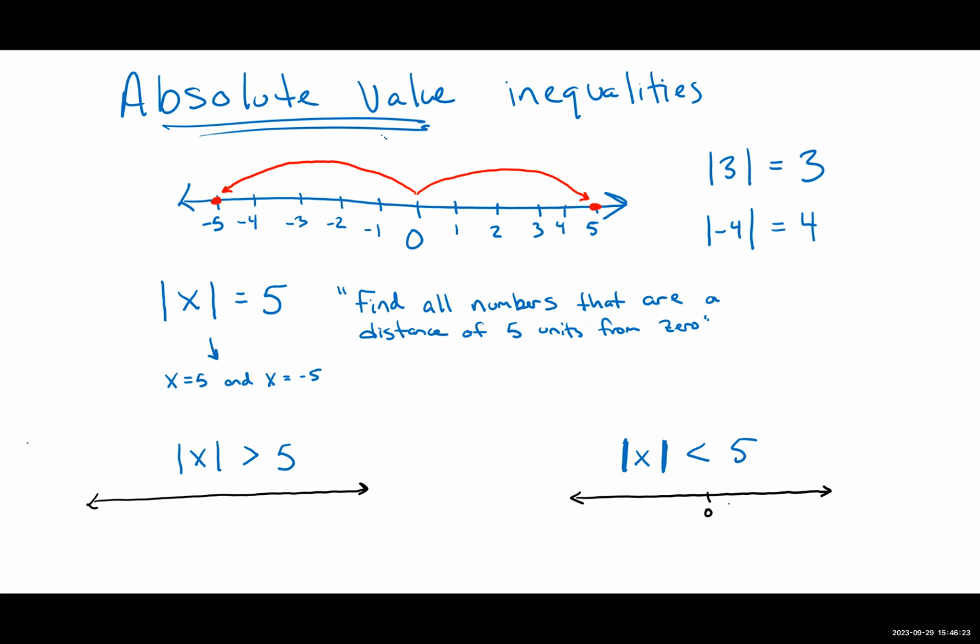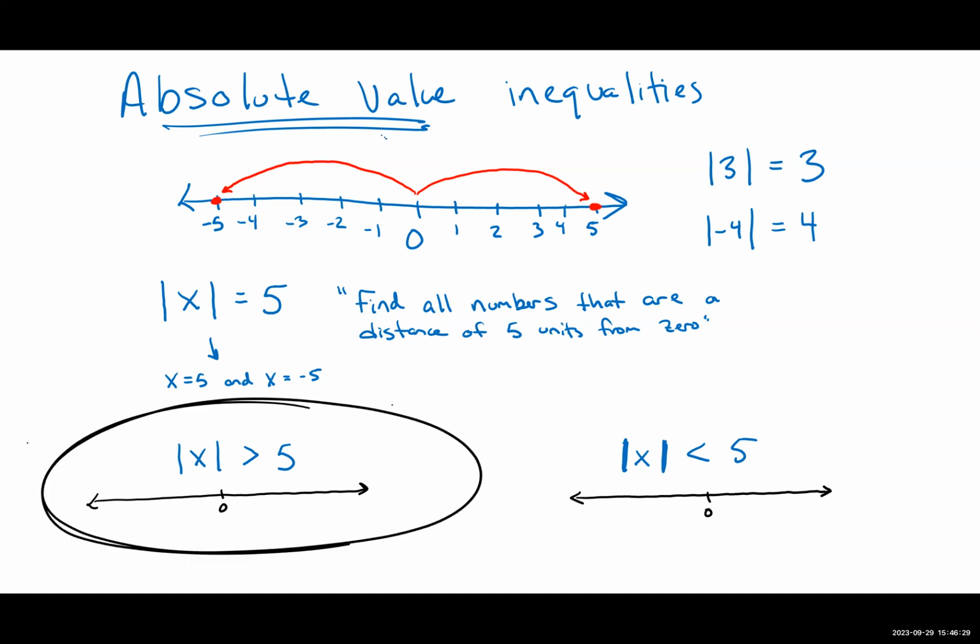So if here's 0 in the middle. Okay, so let's look at the left first, over here. The absolute value of x is greater than 5. That means x is any number whose distance from 0 is larger than 5.